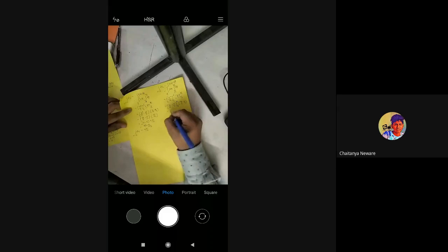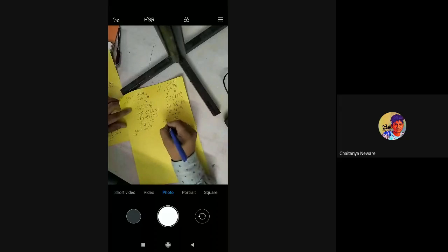So here 18 minus 8 into pi by 6. So 10 into pi by 6. So here 5 pi by 3. So this is the integration of dS6 at z equal to 5.